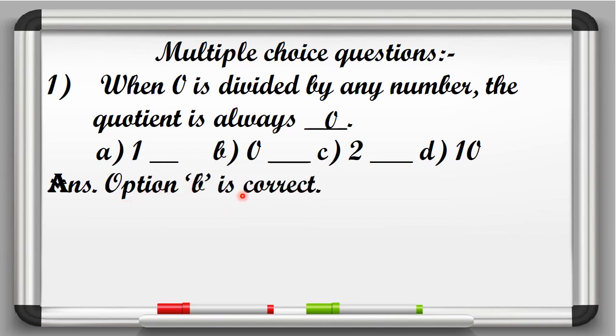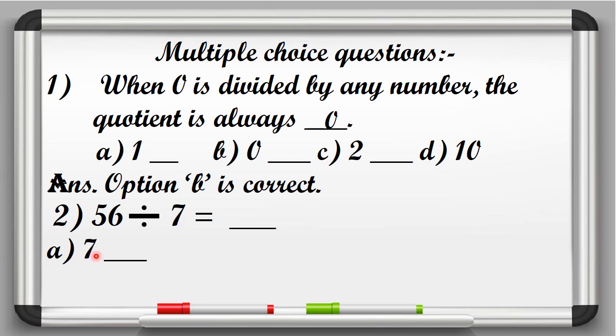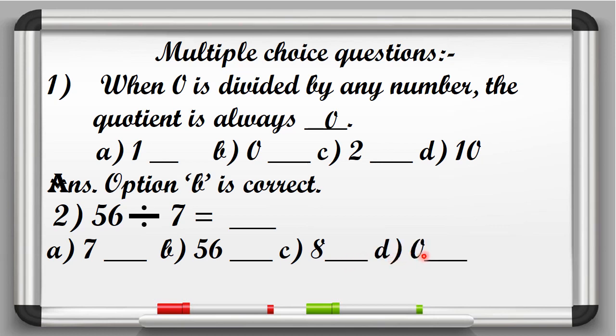Okay. Now in question number 2, 56 divided by 7 is equal to dash. तो यहाँ पे बेटा हमें दिया है 56 को डिवाइड करना है हमें 7 से, and our options are A 7, B 56, C 8 and D 0. Okay, so here we need to speak the table of 7 till we get the number 56.